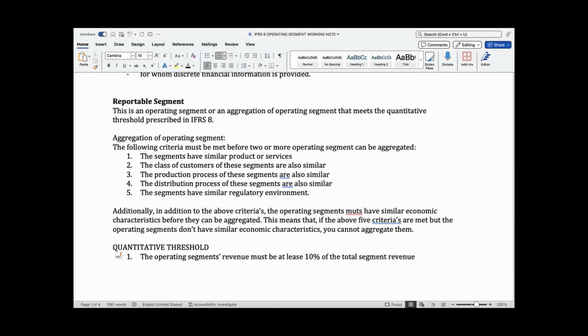The operating segment revenue must be at least, meaning we expect it to be at least 10% of the total segment revenue.